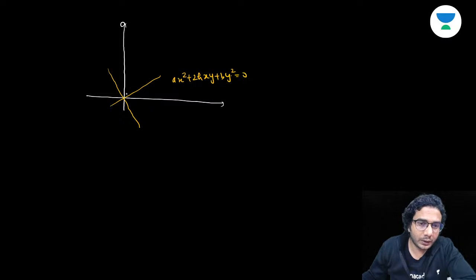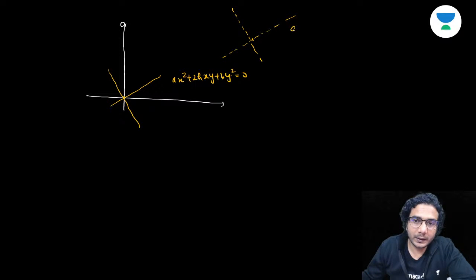And if you shift this pair to some point, say x1 comma y1, then its new equation becomes a into x minus x1 square plus 2h into x minus x1 into y minus y1 plus b into y minus y1 square.